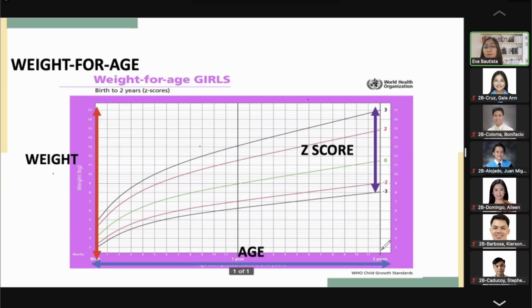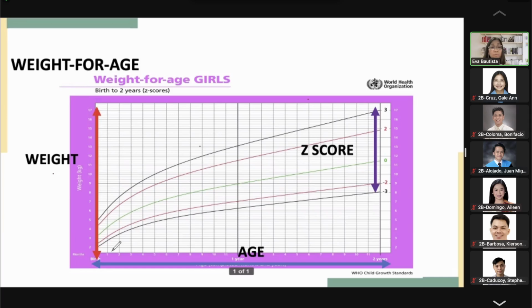And then until 2 years of age, you also have the monthly age: 1 year and 1 month, 1 year and 2 months, 1 year and 3 months, and down until 2 years. What I want to point out here is that you appreciate the vertical lines corresponding to completed age in years and months completed.